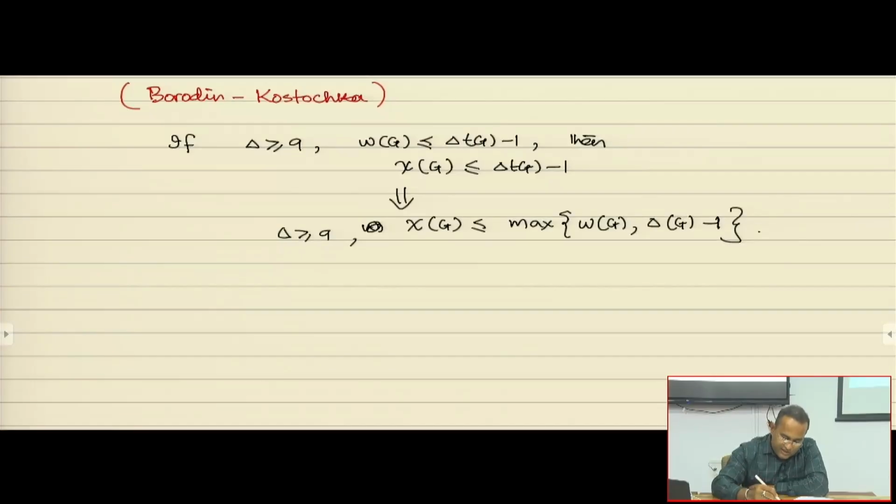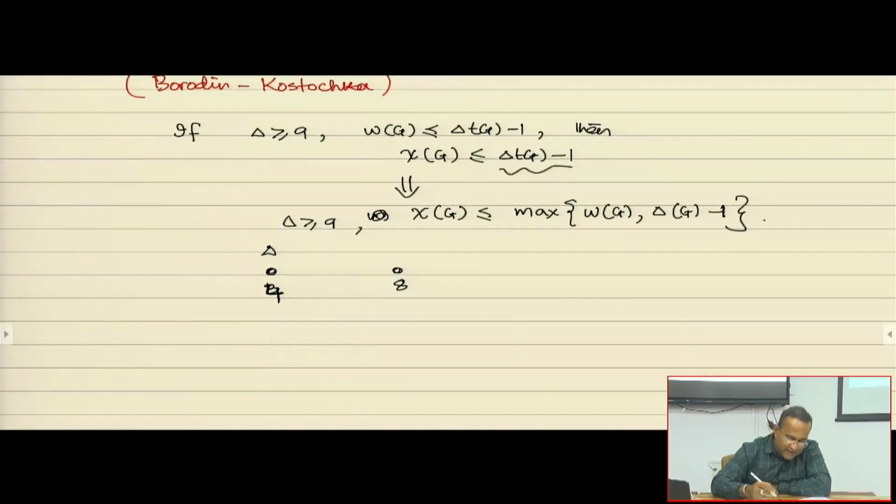So the question is, what about delta values from 3 to 8, or maybe 4 to 8? What is happening? Can we bound by this, or will it be smaller, delta minus 2, right?